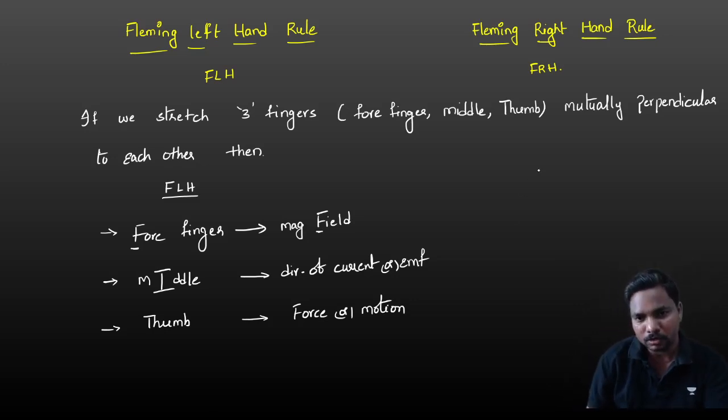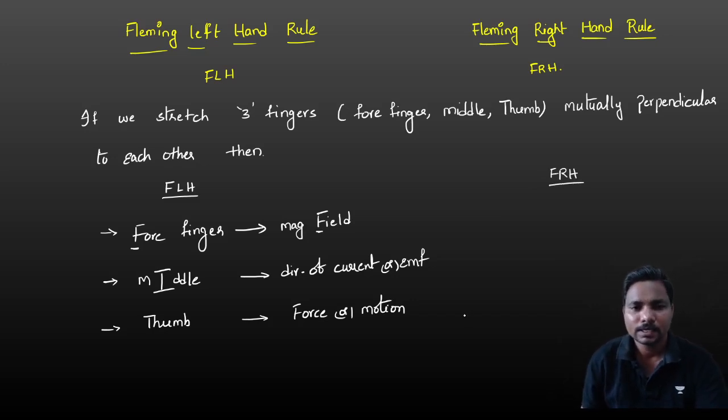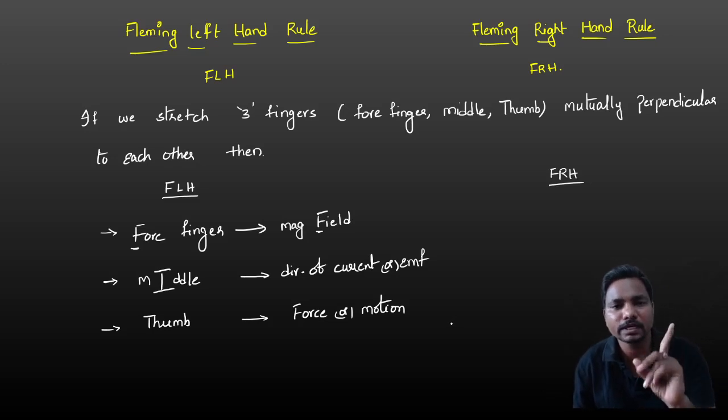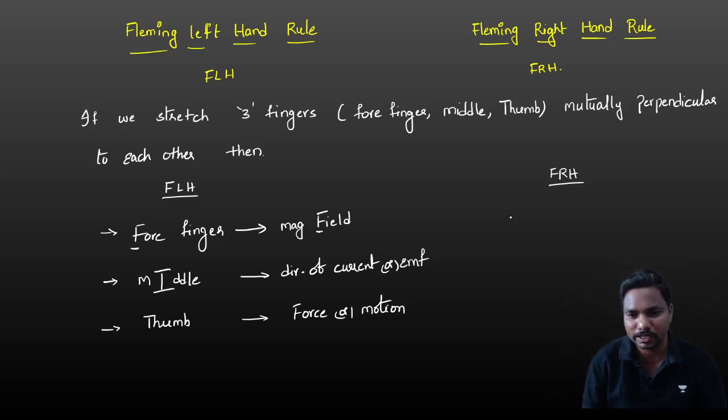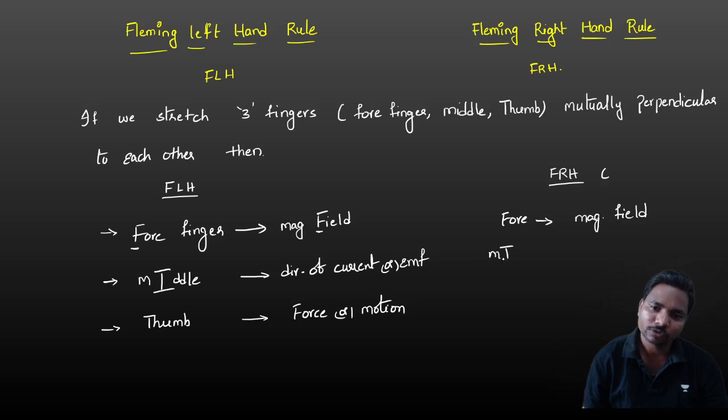This is the left hand rule. In case of Fleming's right hand rule, what I said, the indication of fingers is the same. So here also the same. Forefinger gives direction of magnetic field. Middle finger gives direction of current or EMF.